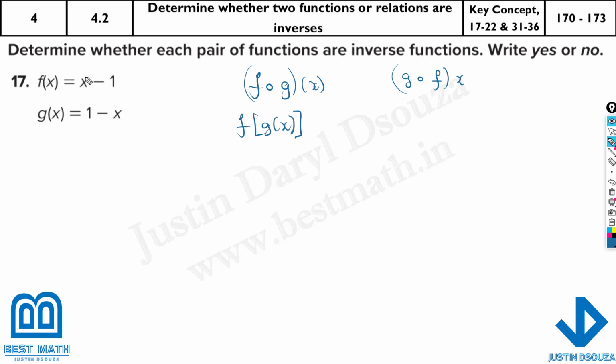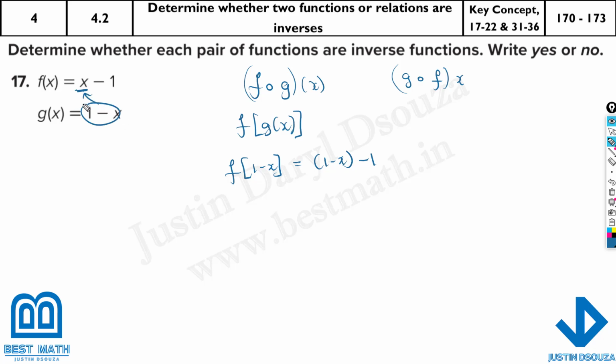You need to put it inside this function instead of x. So basically that's f of 1 minus x. What is function f of x? It's x minus 1, but instead of x we have 1 minus x. It's just that this x is replaced by this term.